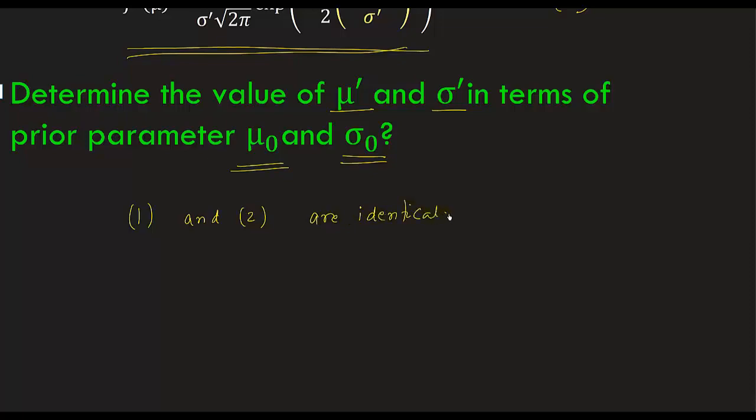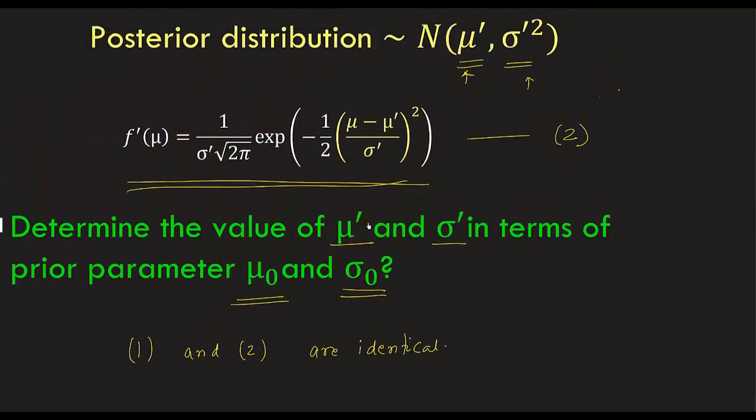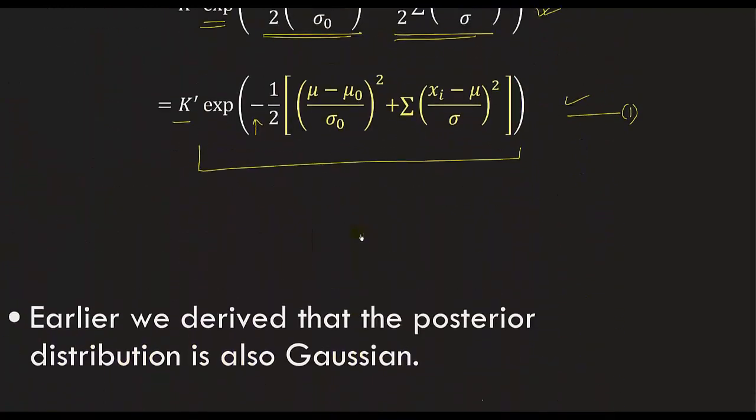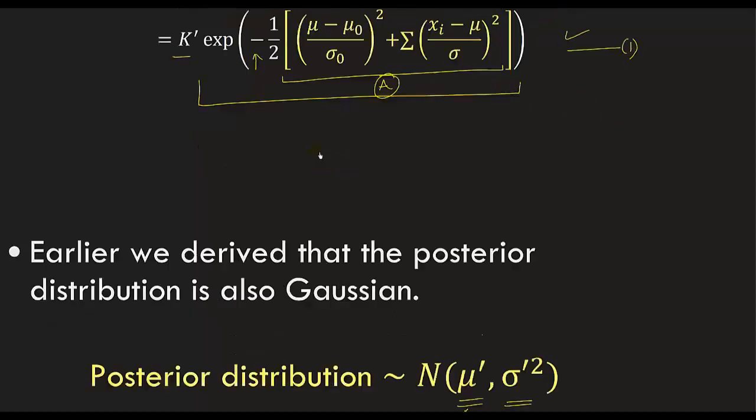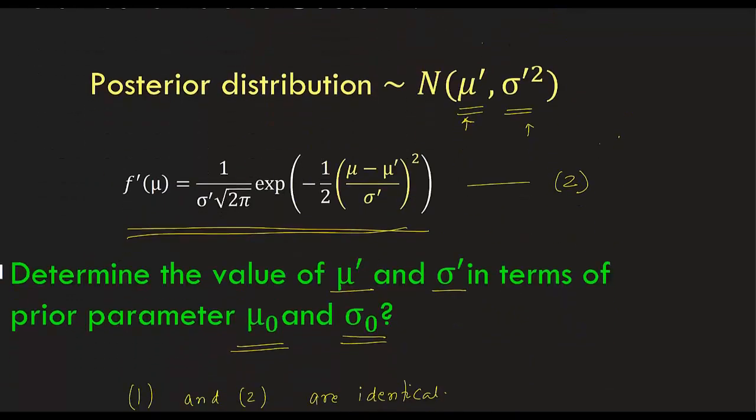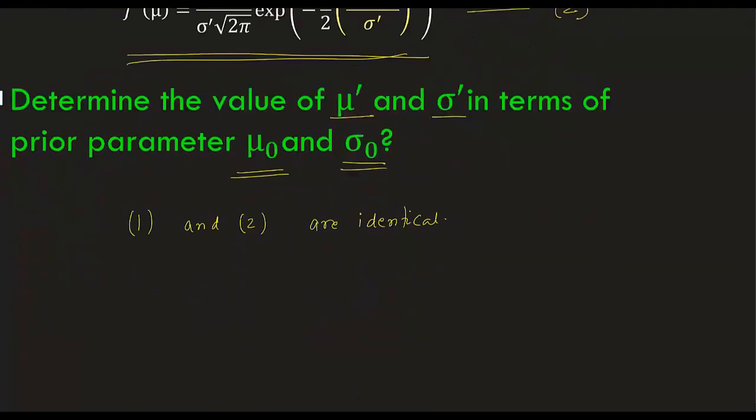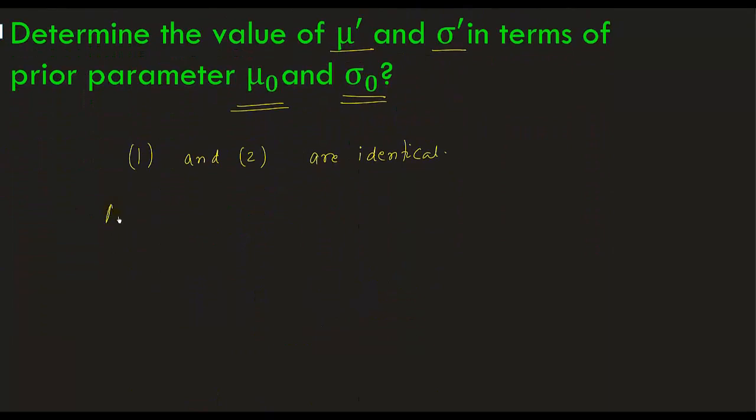So we will use this fact that 1 and 2 are identical. So basically we will expand and then we will try to equate some of the coefficients. So let's say this term that is inside, we will try to expand this term. Let's call this term a. So we can expand a and then equate with equation 2.